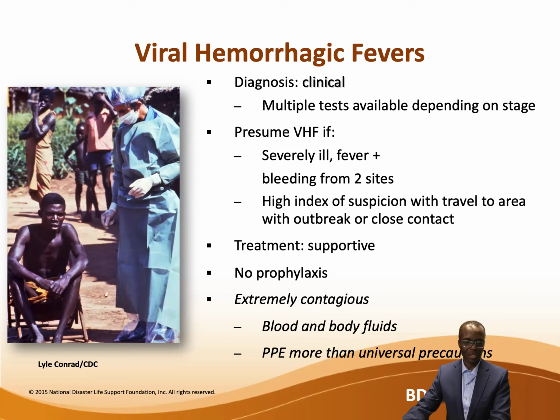Treatment is largely supportive, though ribavirin may be a therapeutic option. There is no prophylaxis for exposed persons at this time. Vaccines are in development. VHFs are extremely contagious. Patients must be in strict isolation and negative pressure rooms.